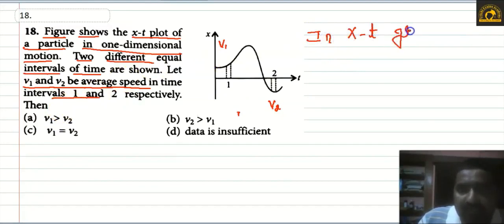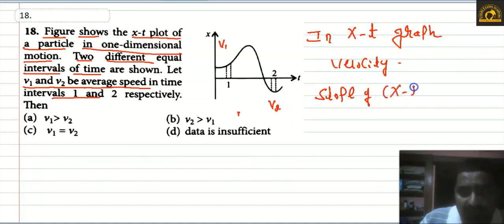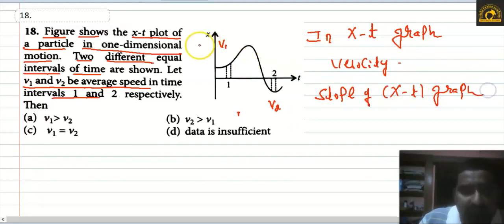In the xt graph, how do we find the velocity? Velocity is found by using the slope of the xt graph. You take the slope here. Which is greater?